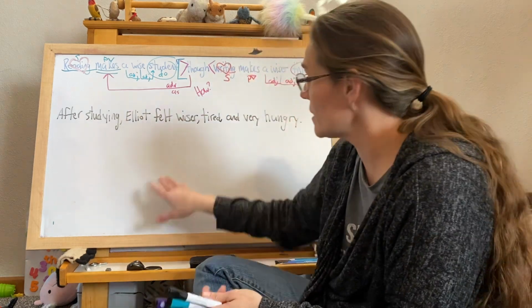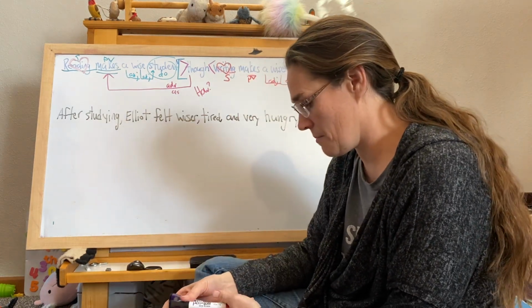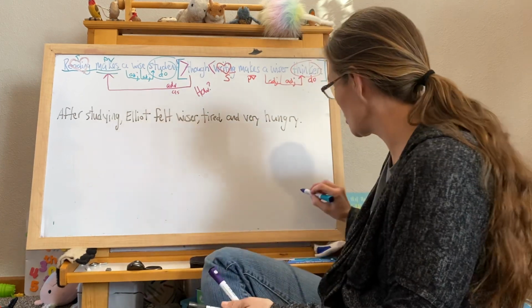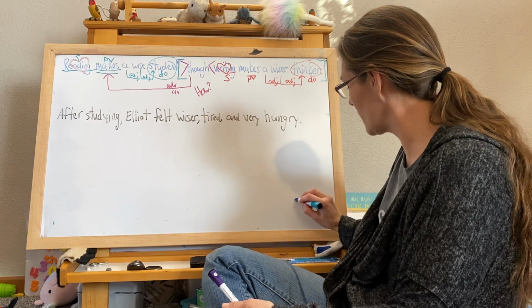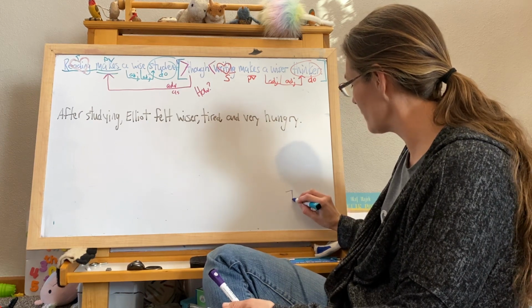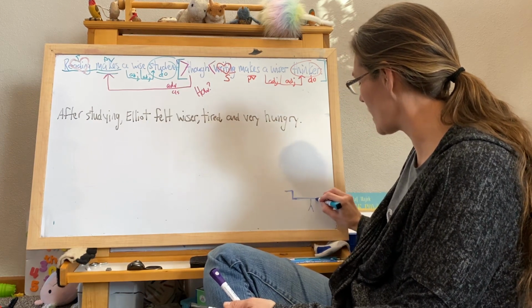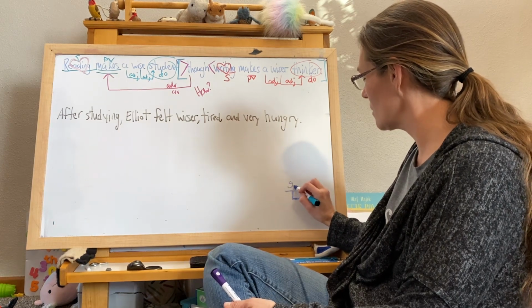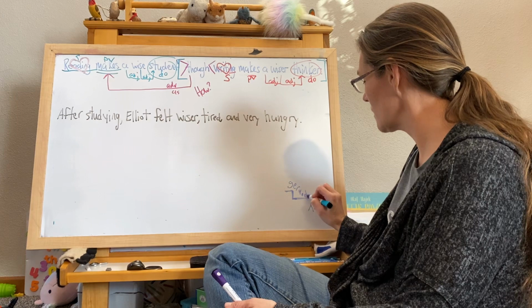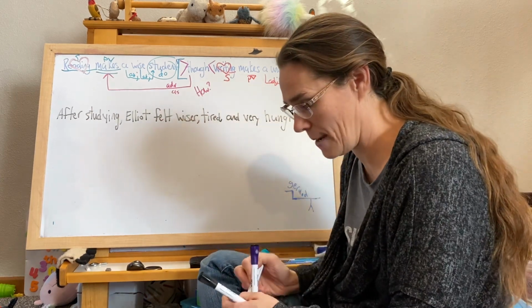All right, so now we are going to diagram it. And remember that when we're diagramming our gerunds, it's going to be up on a pedestal like this, but a step down, and then you are going to write your gerund at a slant, okay?